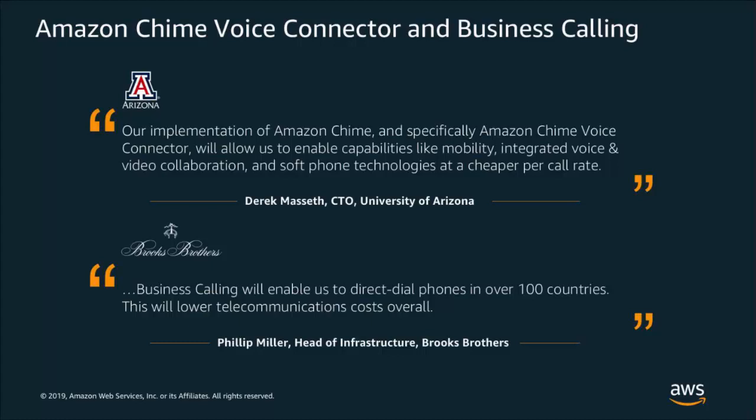And Philip Miller, head of infrastructure at Brooks Brothers, has said business calling will enable us to direct dial phones in over 100 countries, which will lower our telecommunication costs overall. We can't wait to hear from more customers like this about how they are using Amazon Chime Business Calling and Voice Connector to improve their business.